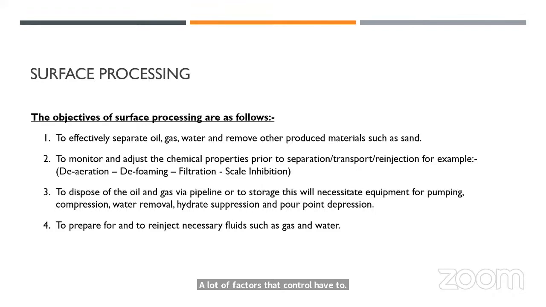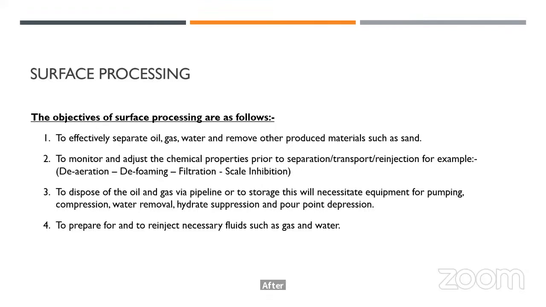Surface processing is also a pillar in production technology, to effectively separate oil, gas, and water at the surface. So we need to exclude water and remove other produced material such as sand. Also, we need to monitor and adjust the chemical properties of the fluids.